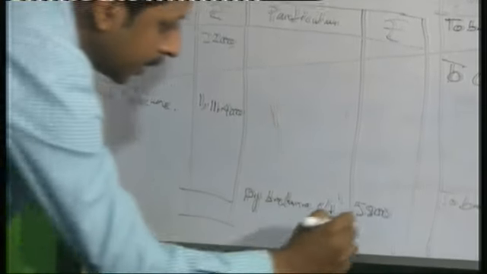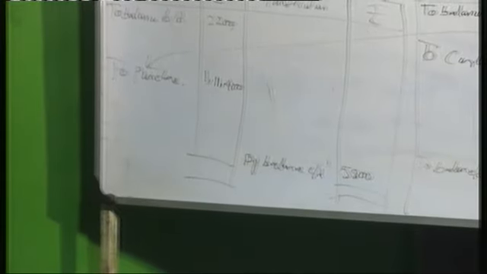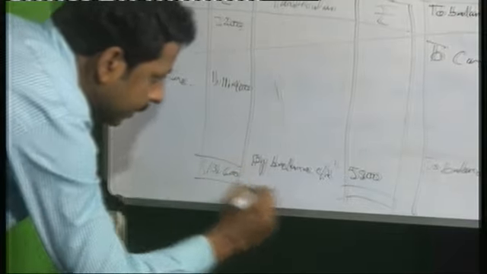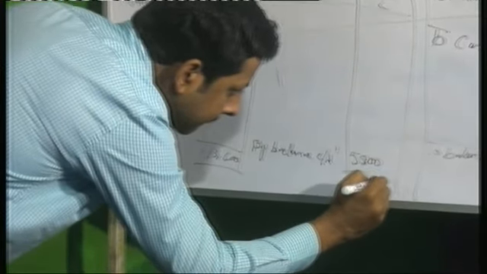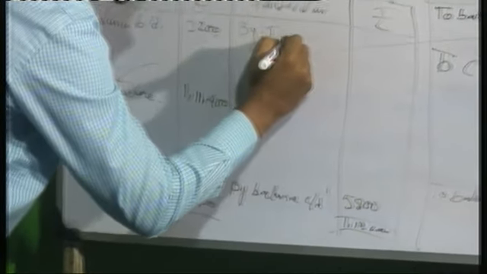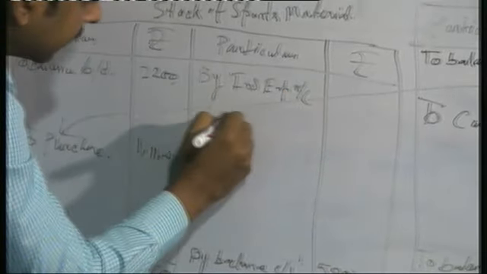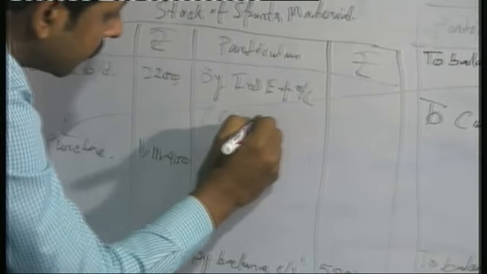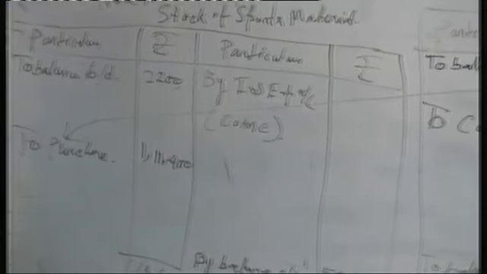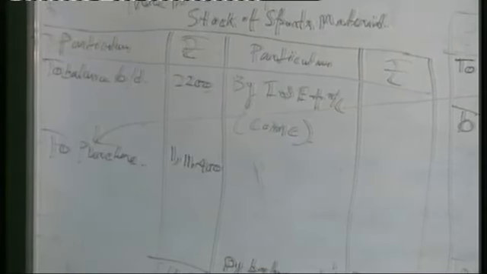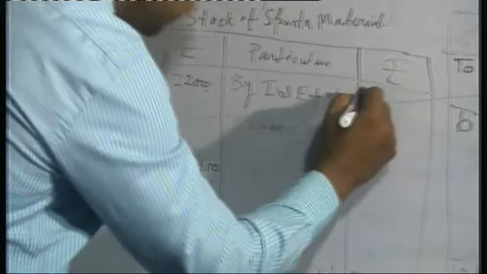What will be the total? 1,13,600. And by income and expenditure account, this is the cost of material consumed. What will be the amount? The cost of material consumed is 1,07,800.